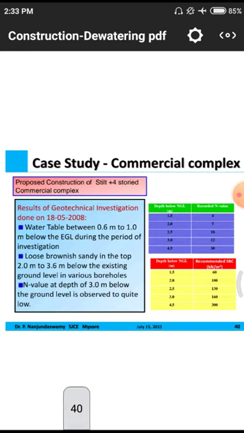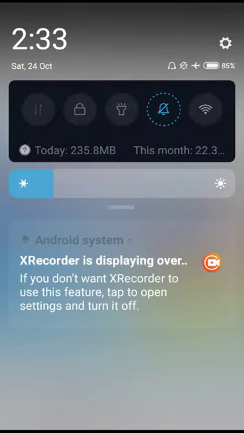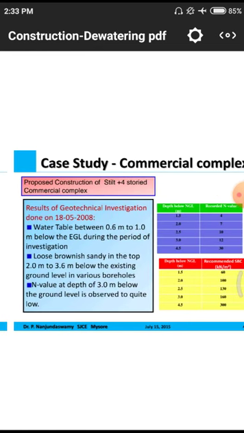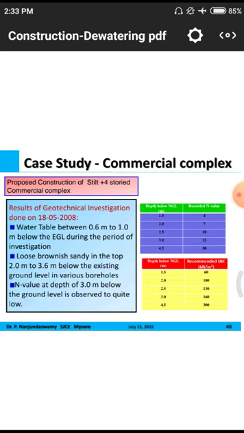So in that particular place this commercial complex was sanctioned, and before doing construction, what they have to observe? First, the results of the geotechnical investigation done on 18/5/2008. That means on that date they did a number of laboratory tests in the form of geotechnical investigations.